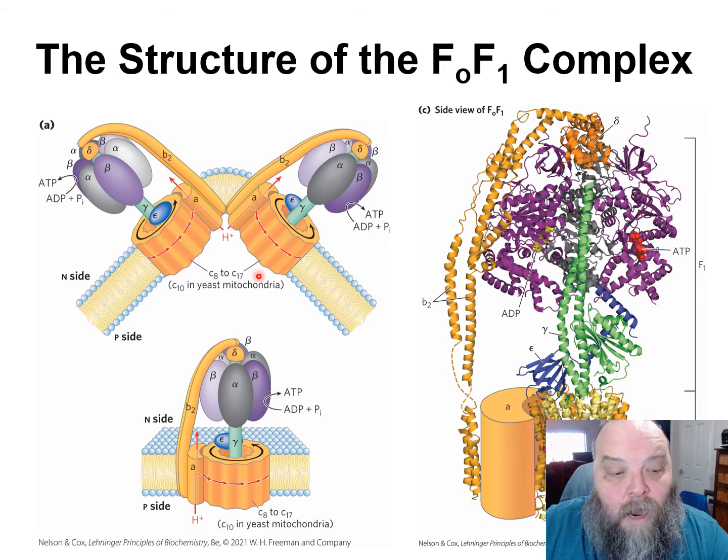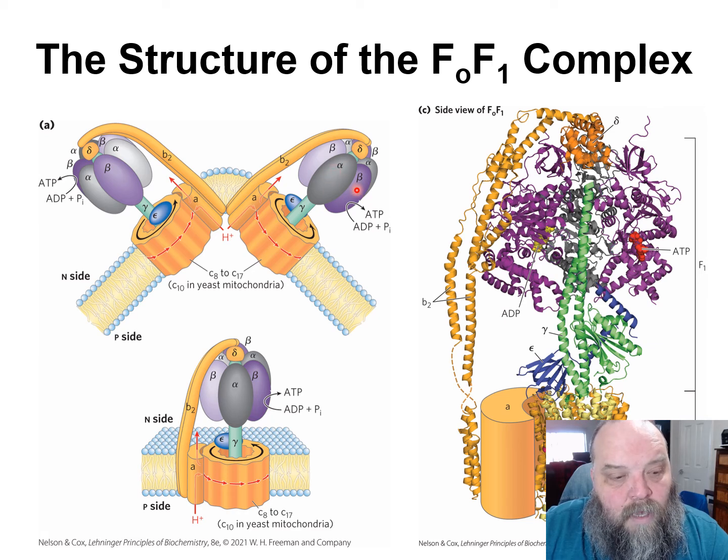Here's the artist rendition of what we were just talking about. A, B2, and then however many rings, 8 to 17, which pass through the membrane. A is where the hydrogens flow through, causing everything to spin. Here's the alphas, the betas, the gammas, the epsilon of the F1.